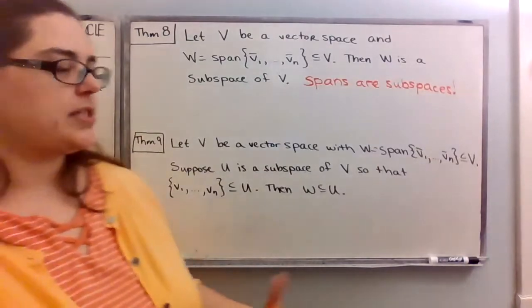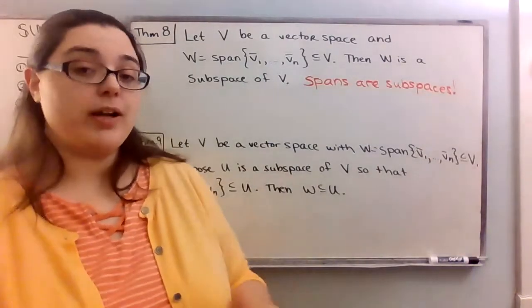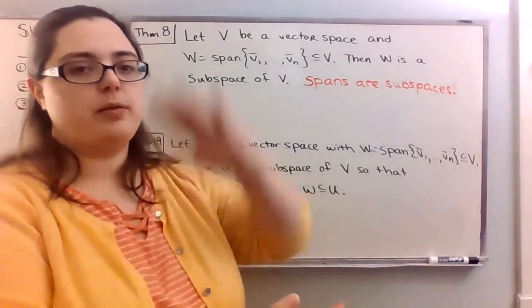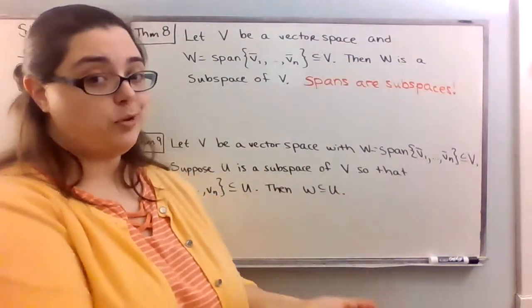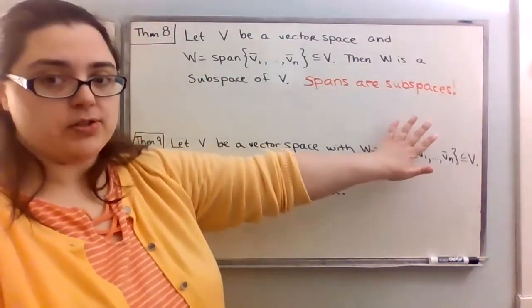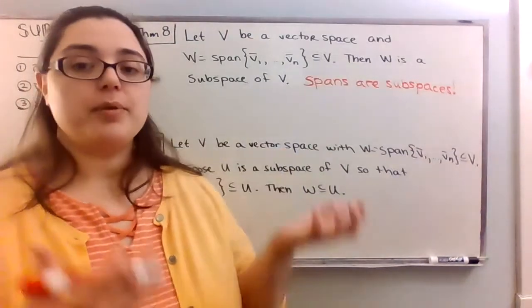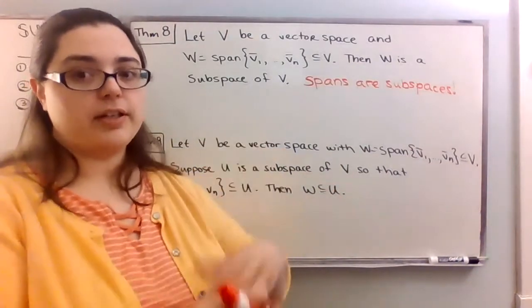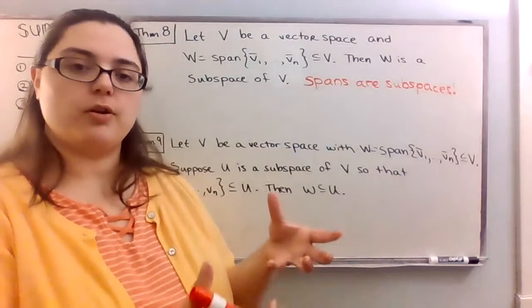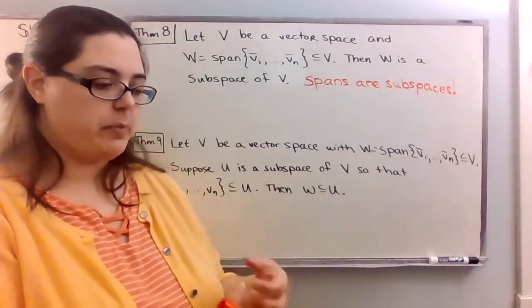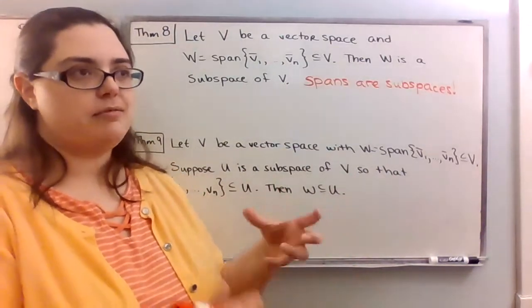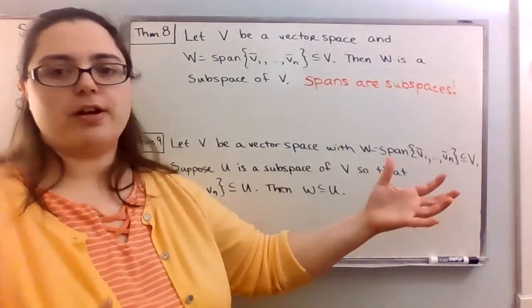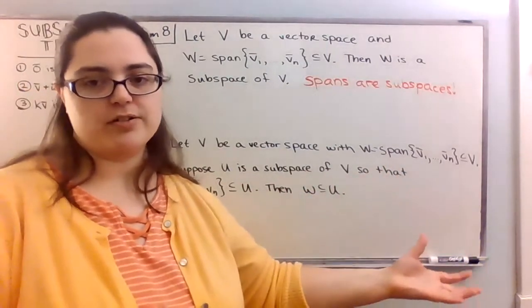So what this means is if we can take our set and write it as the span of vectors in a bigger vector space, then we will know automatically it's a subspace. And this makes sense because spans are linear combinations of things. If I have a span of, say, 3 vectors, then that set is all the linear combinations of those three vectors.